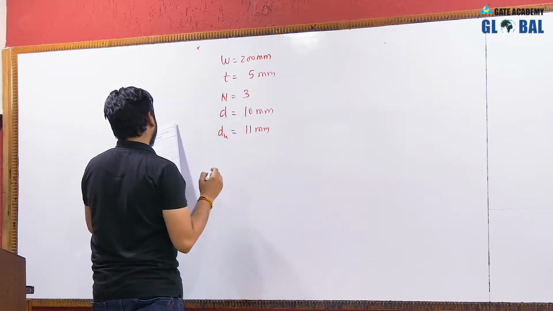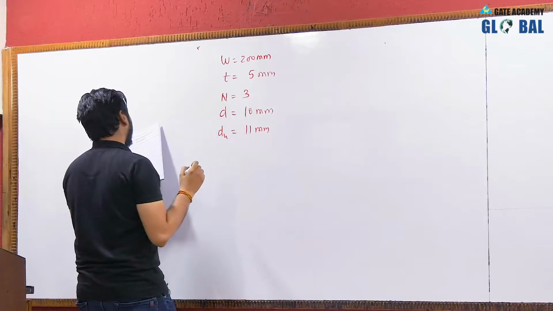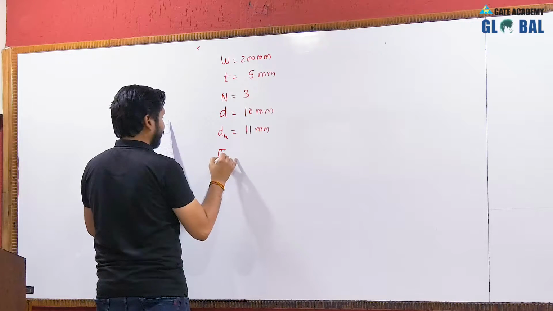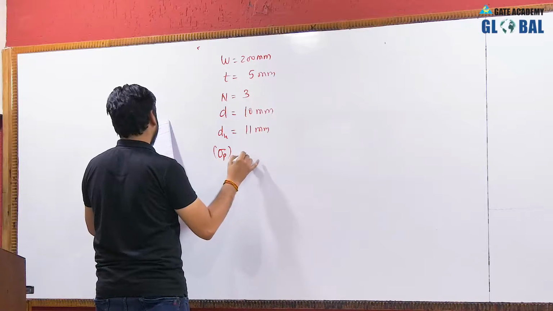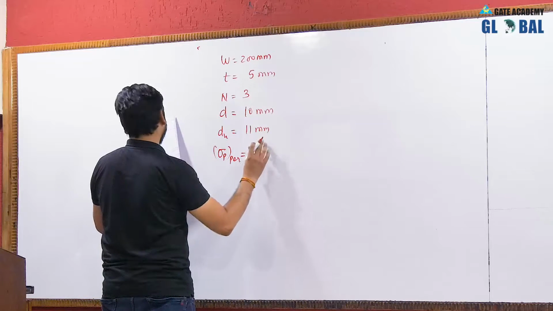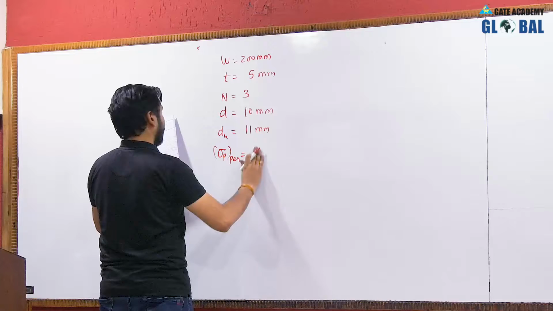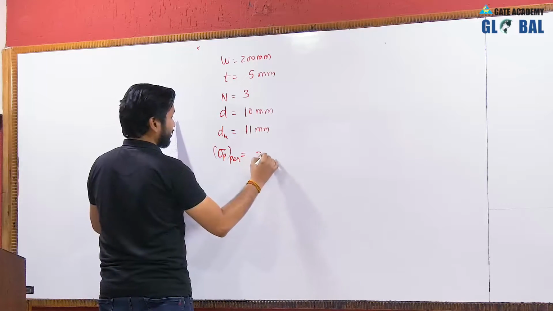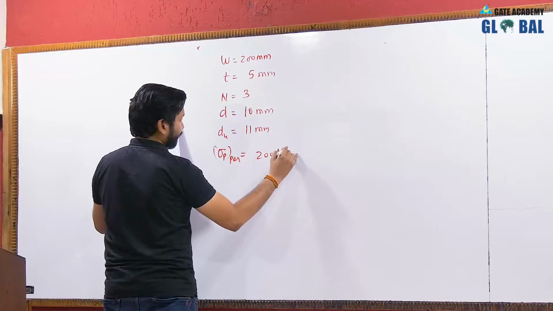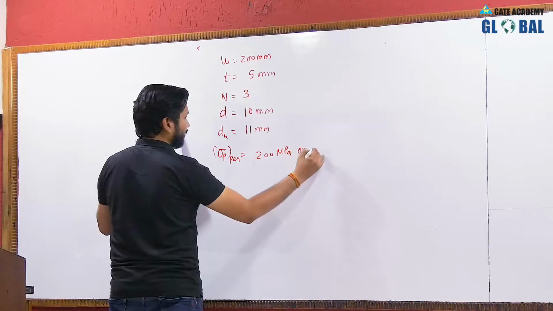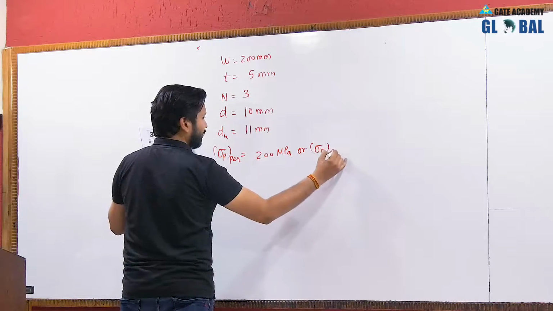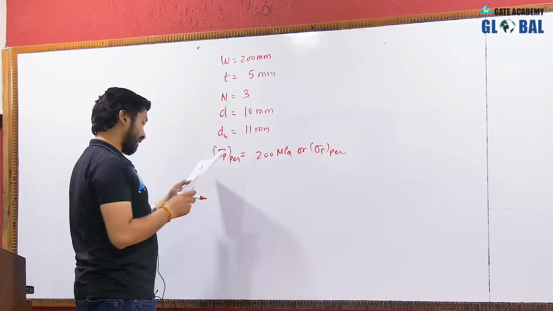The allowable tensile stress of the plate, that is, for the plate the permissible tensile stress, is 200 megapascal. This is also known as sigma T permissible, that is permissible tensile stress.